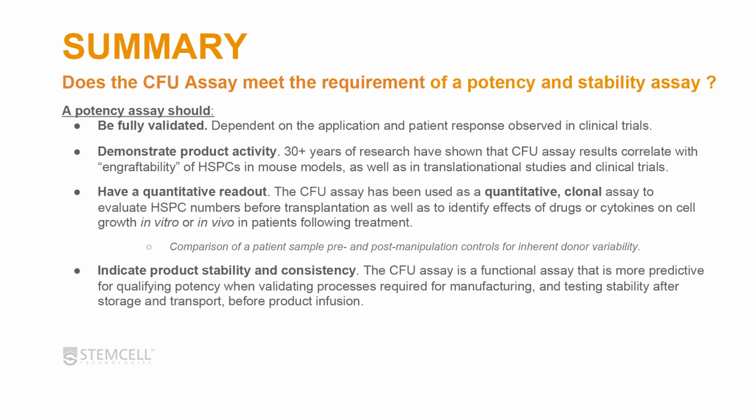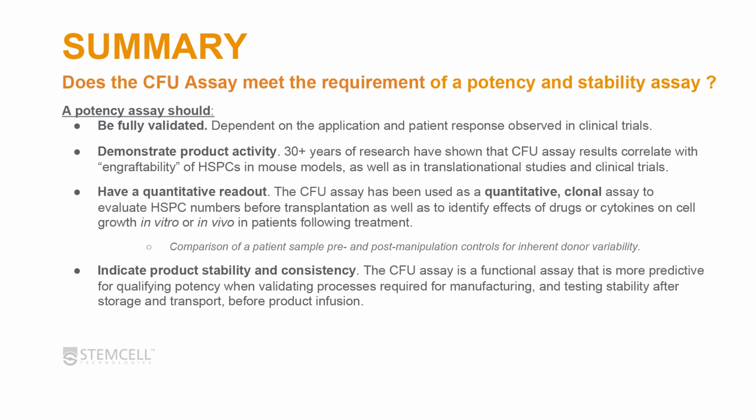So if you've done genetic manipulation, for example, you can first use the CFU assay to understand that you have a good product and all your cells are growing, but then you can possibly go in and pick clones and look at the number of clones that actually express the modification, and identify a range that you would have observed from the clinical trials that is important in giving you a successful transplant.